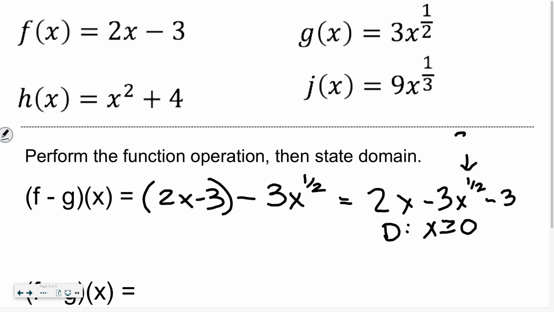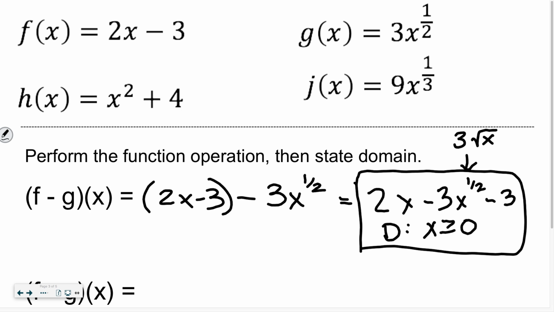You could rewrite this as 3 times square root x. And can you put any x that you want and still get an answer back out in your new function? No. If I put in -4, sure I can do 2 times -4, I'll get -8 for the first term. But if I try to do 3 times -4 to the 1/2, that's going to be imaginary, and that's not going to give me an answer. So we would say domain is x is greater than or equal to 0. Okay.